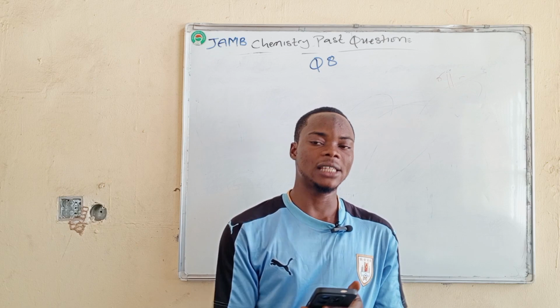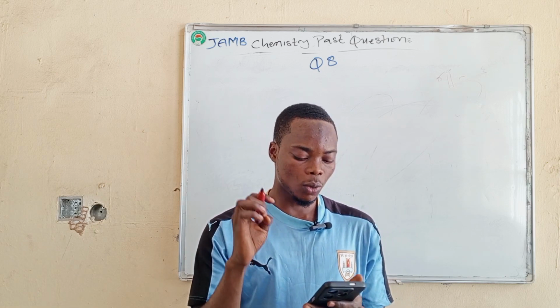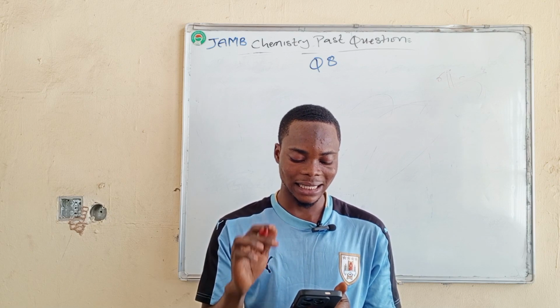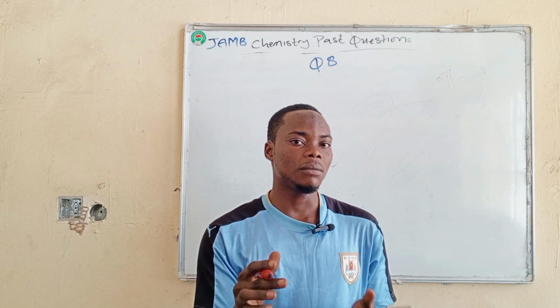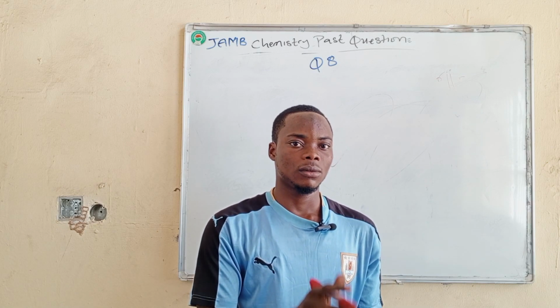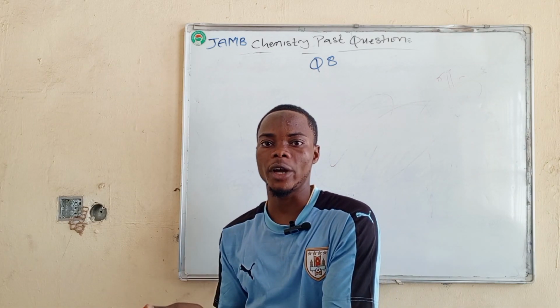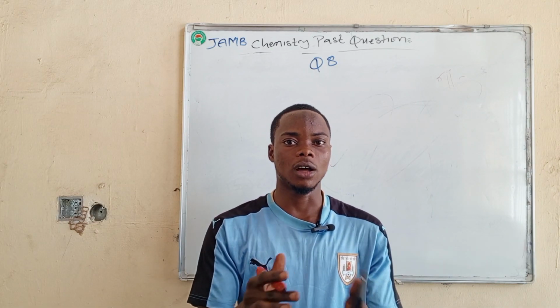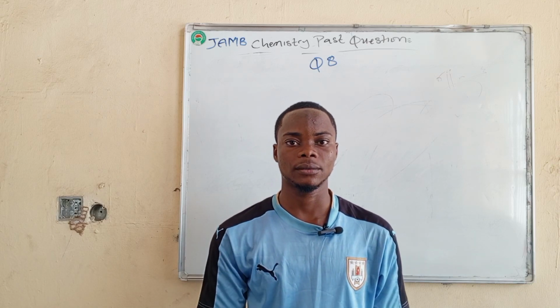So the answer here is low sulfur content. Nigerian crude oil is classified as light or heavy depending on the what? Sulfur content. Meaning Nigerian crude oil is classified into two, light crude oil and what? Heavy crude oil. It all depends on the percentage of sulfur present in the crude oil.